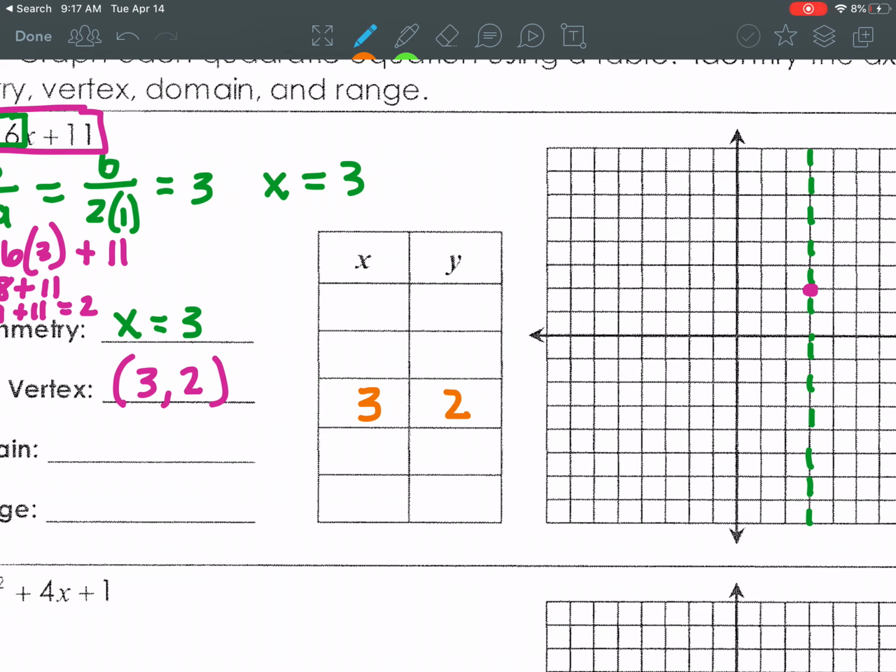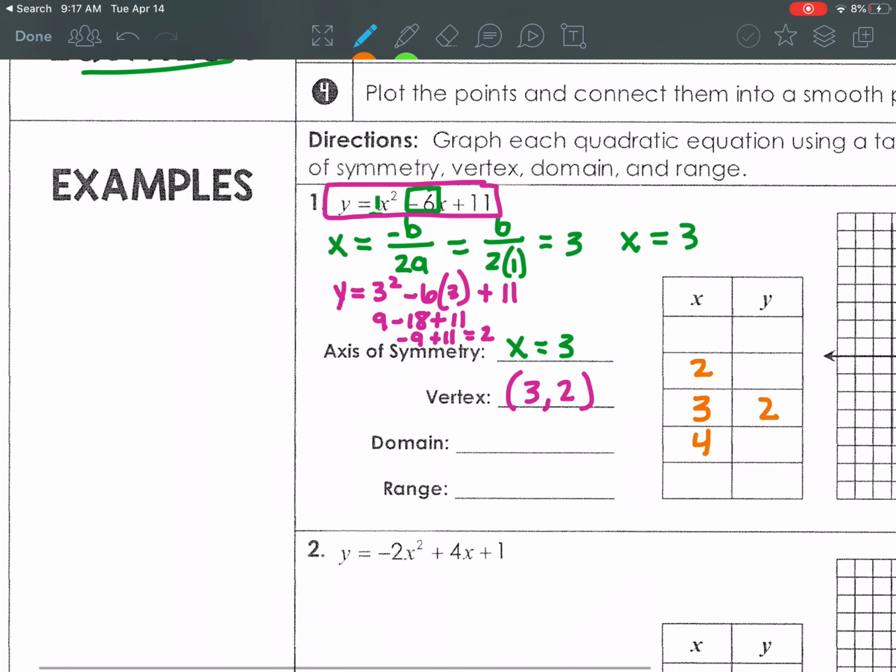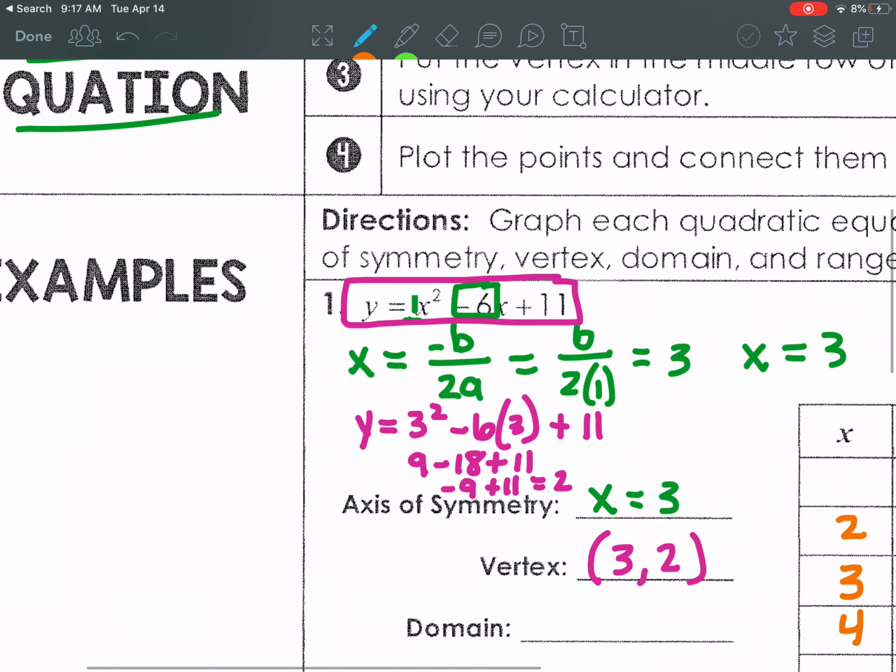The reason for that is because of the points on the 2 sides. If we want to see when x is 2, and we plug that in, it's going to be the exact same as when x is 4, simply because of the axis of symmetry over here. They're going to fold, they're going to be the same. So let's plug in 2: 2 squared minus 6 times 2 plus 11.